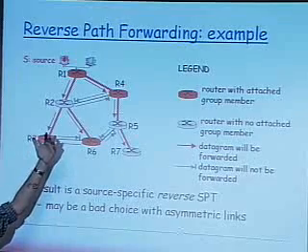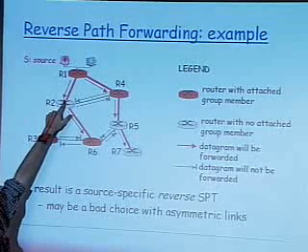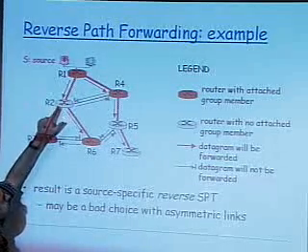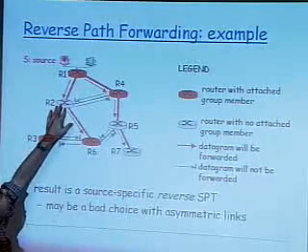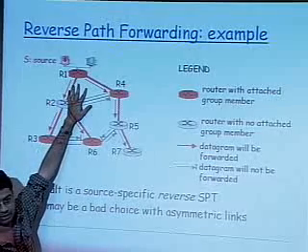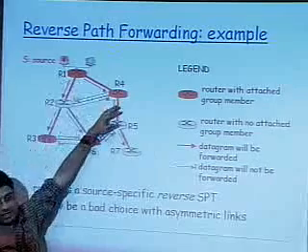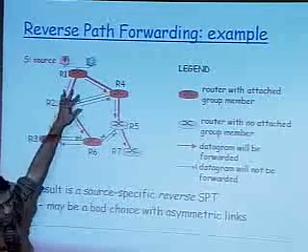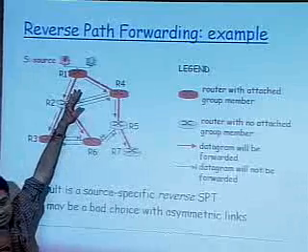Do you see that? Suppose it receives the packet here. Now it knows that for router 2, the shortest path to the source goes through router 1. But for router 1, the shortest path might be something else. This link might have a weight much larger than the reverse link.